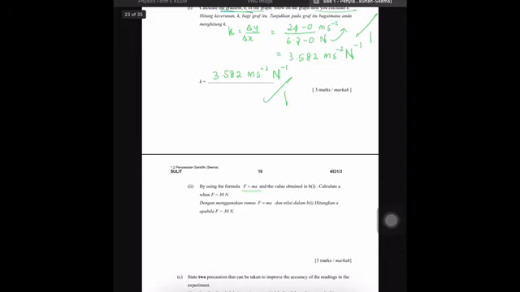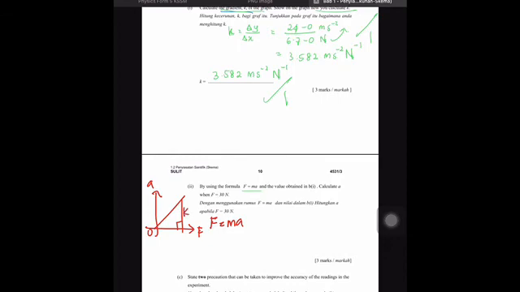So F equals MA. This is your A, this is your F, this is your 0, and this is your K. Correct or not?